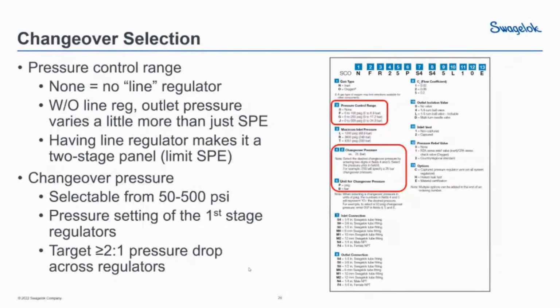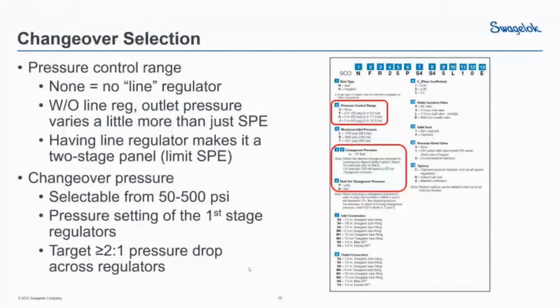So if you have a line regulator on your SCO panel, you can choose the outlet pressure range of it. So you can go 0 to 100, 0 to 250, or 0 to 500 psi. But a lot of people are confused or perplexed by the none option. Well, if you have none selected for your pressure control range, you're asking for no line regulator at all.